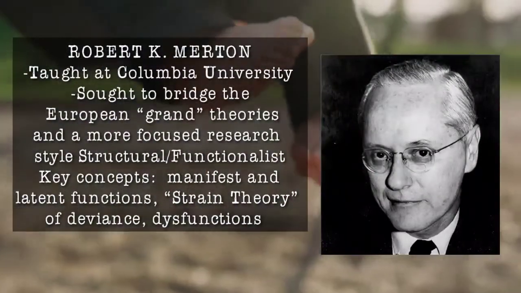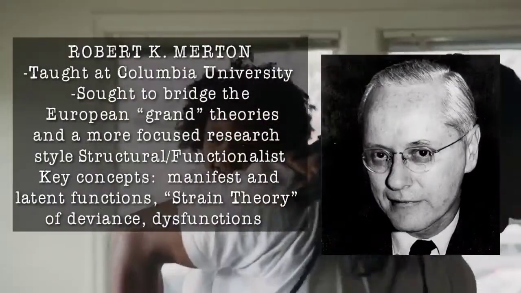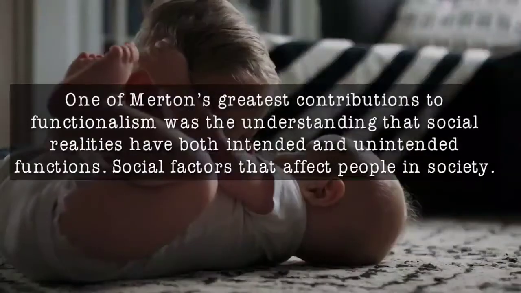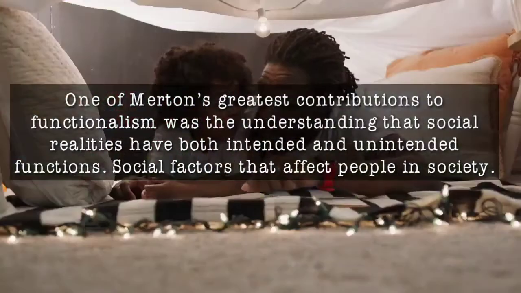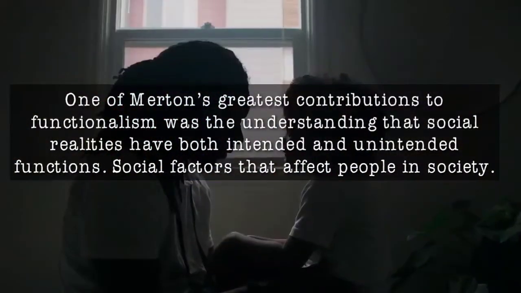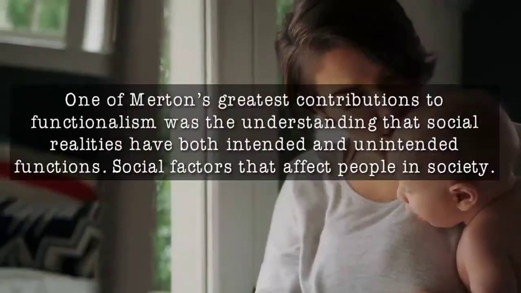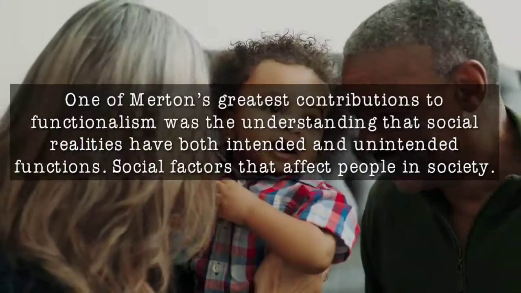But for now, we are going to focus first on the latent function, manifest function, and dysfunctions. One of Merton's greatest contributions to functionalism was the understanding that social realities have both intended and unintended functions, social factors that affect people in society.